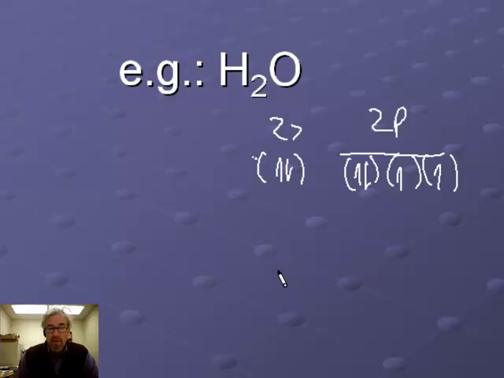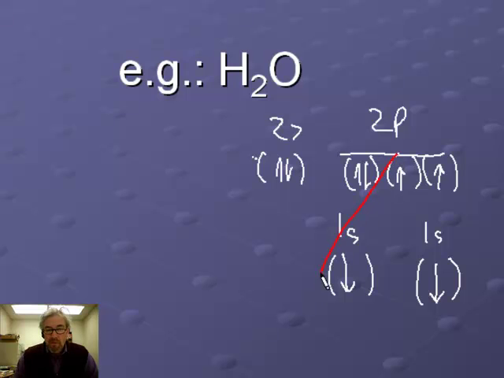Well, one of my hydrogens has a 1s sublevel, and I'm going to put a spin down electron there. My second also has a 1s, and I'm going to put a spin down electron there. So where's the overlap? Well, this 2p is going to overlap with the 1s of one of the hydrogens, and this other half full 2p will overlap with the other 1s orbital of the second hydrogen. And so that's how the H2O forms.